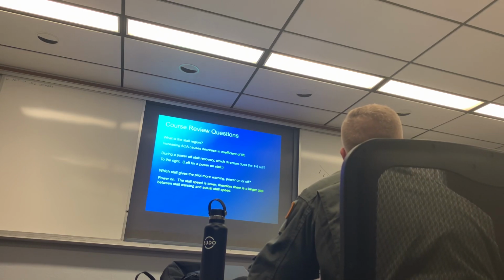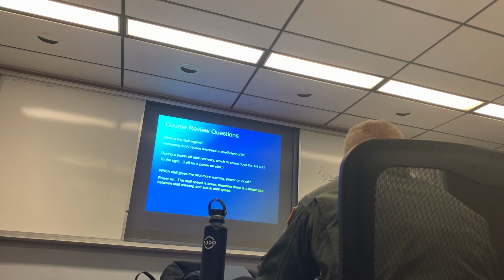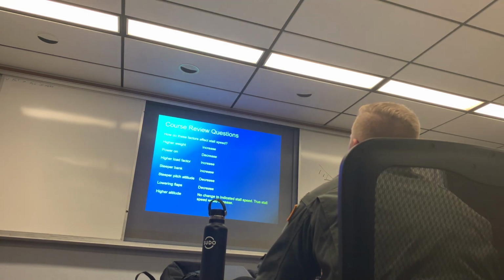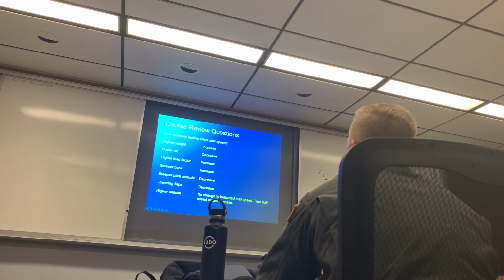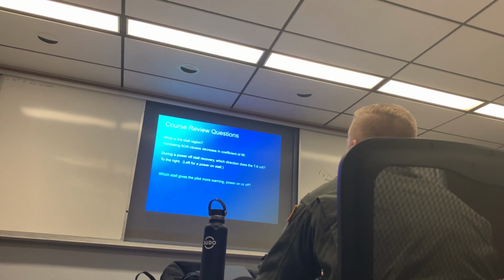But the stall speed is lower. Didn't we just say that power on decreases stall speed, so that makes sense. There'd be a larger speed gap, so there's a larger gap between the first indication and the actual stall.